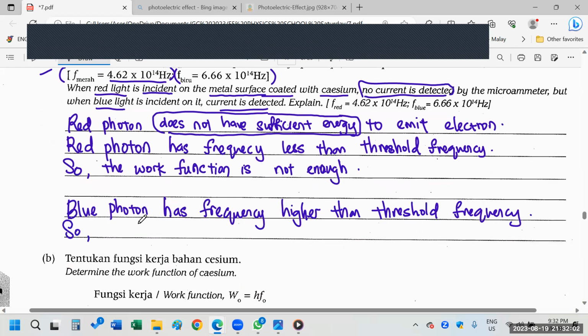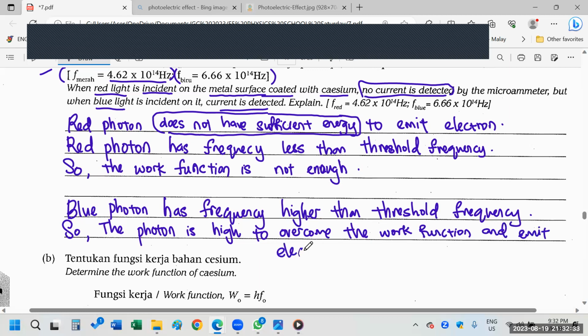So the photon energy is high enough to overcome the work function and emit electron with maximum kinetic energy.